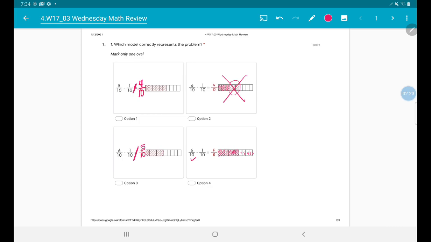So we did start with 6/10 shaded. They took away 1/10. That's shown by the diagonal lines going the other way. So that part's correct. And we can count there's 1, 2, 3, 4, 5/10 left. So option 4 is the correct answer.